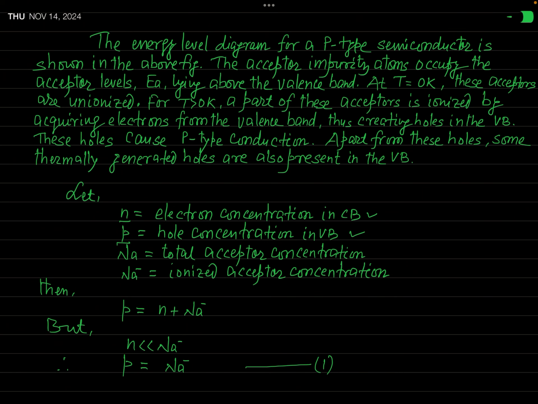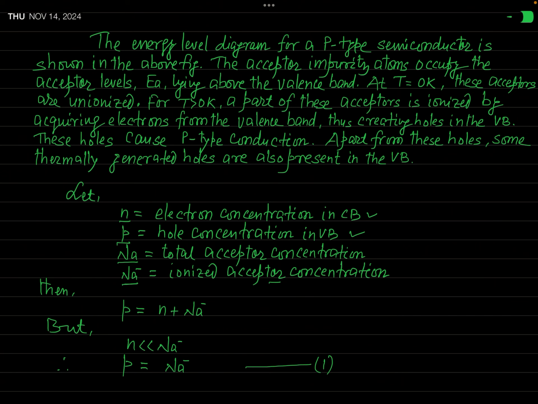But these holes are created by two means, as you have seen. And Na, we consider, is the total acceptor concentration. This is the total number of acceptor atoms or impurity atoms in the acceptor level. And Na minus is the ionized acceptor concentration. It means these are the number of atoms which have absorbed the electron that moves from the valence band to the acceptor level.